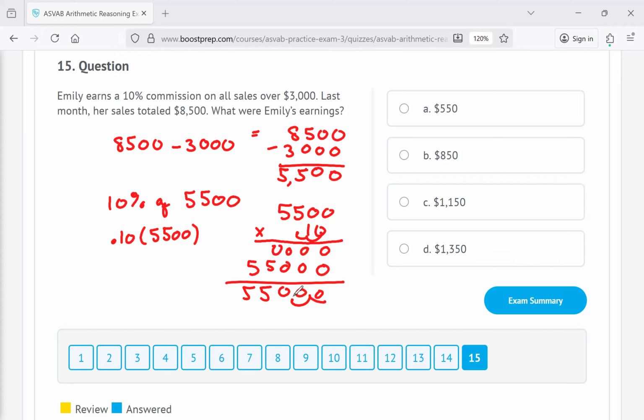So it's going to be 550. There we go, 550. Letter A.